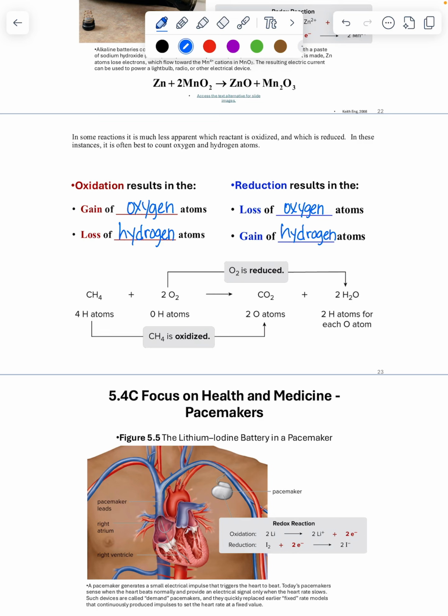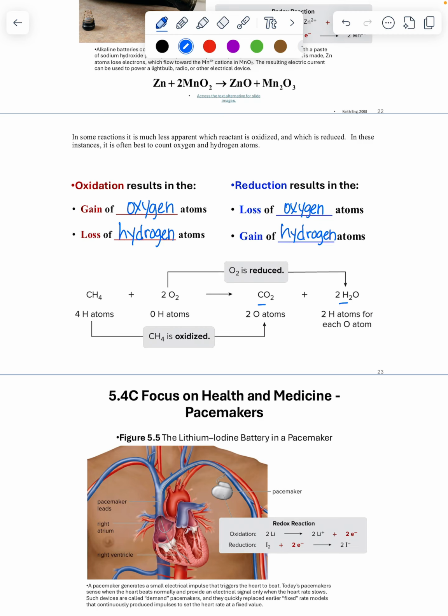The 4 hydrogen atoms were lost. And then oxygen is reduced because it went from O2 to H2O, so we gained hydrogen atoms here. We lost hydrogen atoms here and we gained on this side. So this is also a type of redox reaction. This one is a little bit more challenging to see, but if you keep in mind that you can look at oxygen and hydrogen atoms, it's helpful to make note of that.